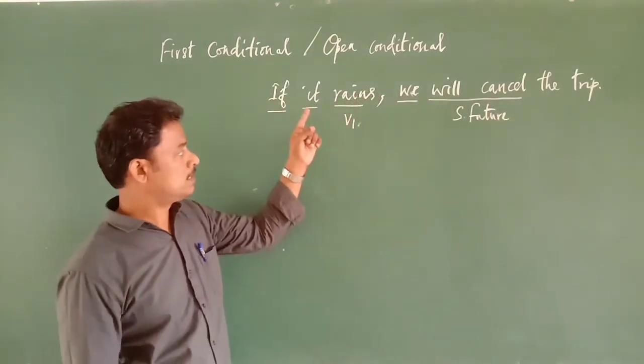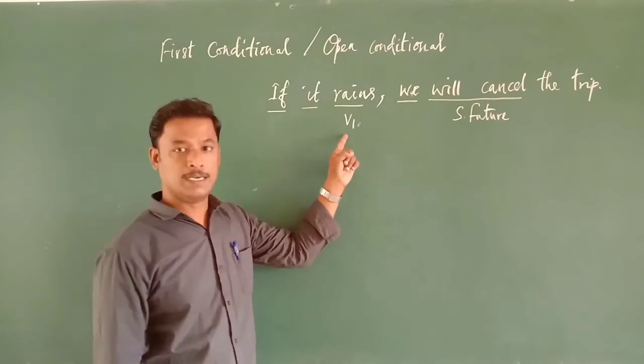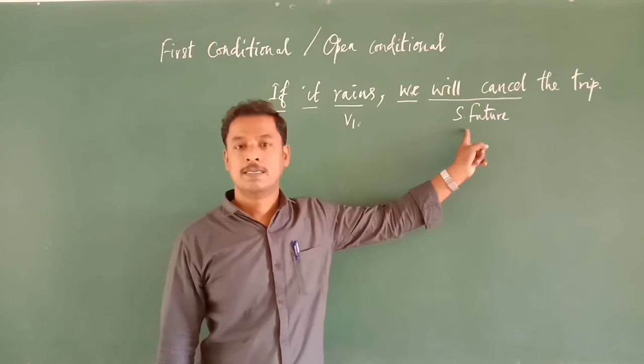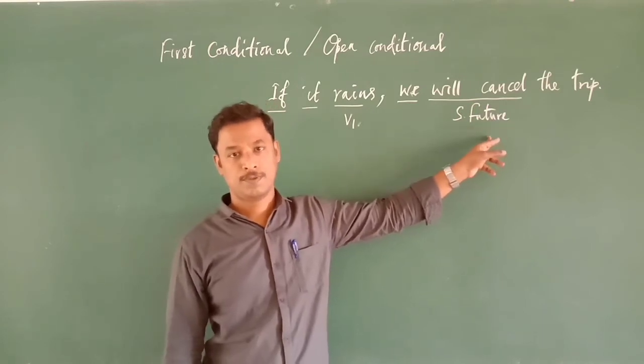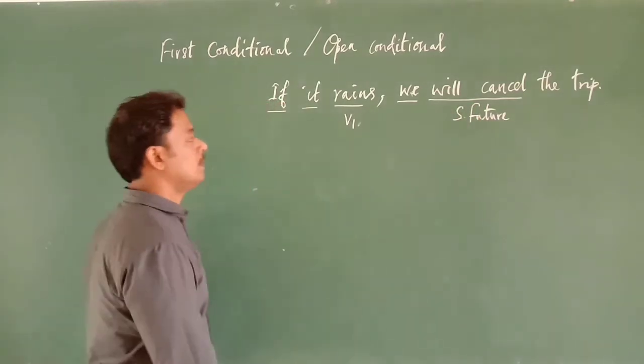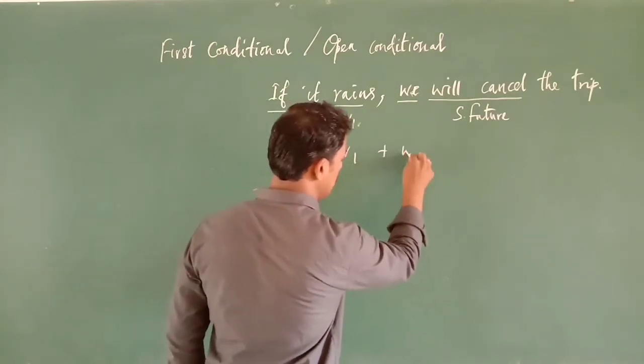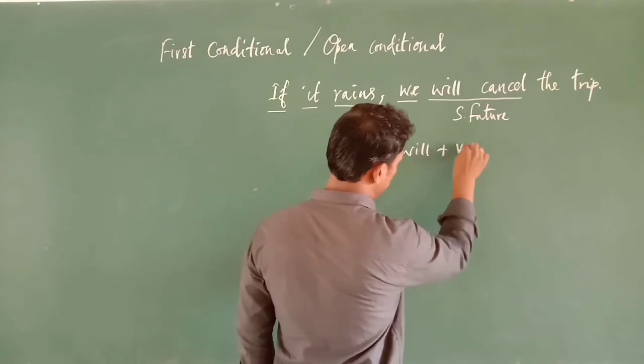Okay, this condition has the present simple and the result has the simple future. The rule is verb 1 plus will plus verb 1.